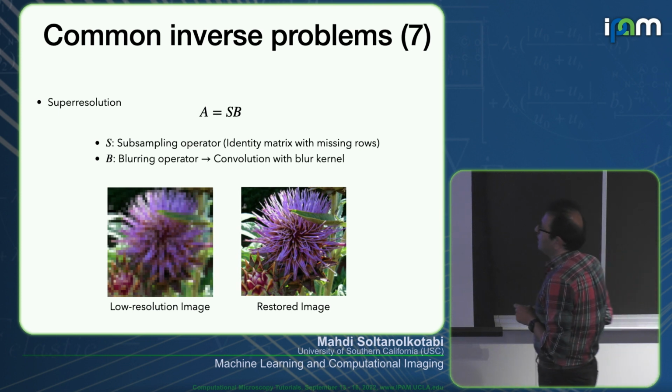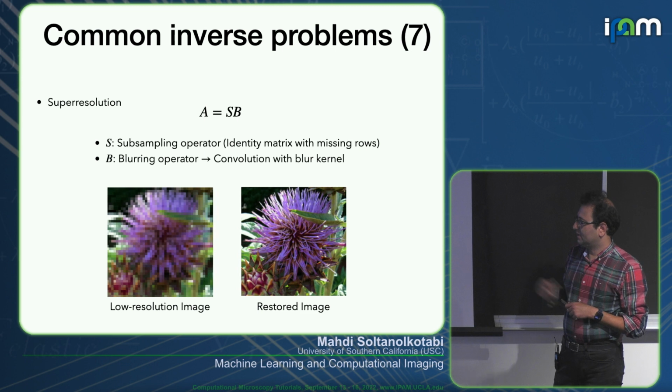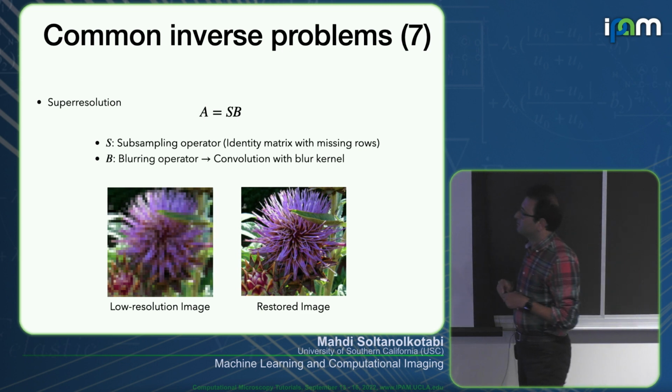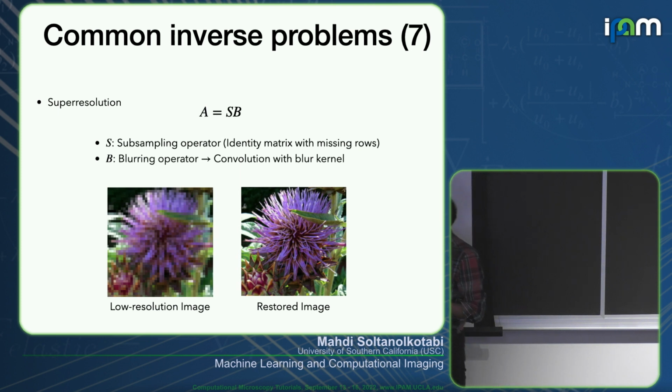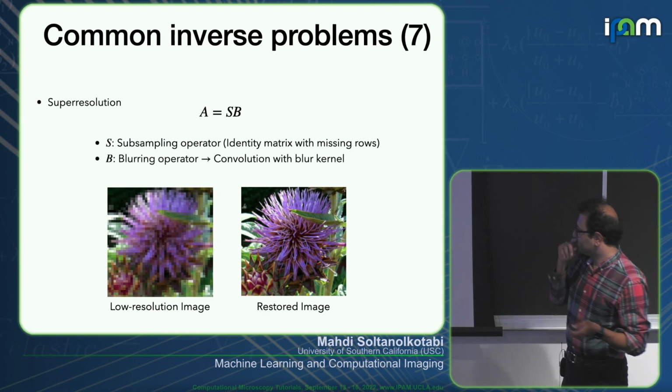Another class, I already mentioned, the White Obama controversy, was for this kind of super resolution problem, right? Where maybe you have a low resolution version of the image and you want to go to the high resolution version, right? This you can think of as a little bit of subsampling in some sort of alternative domain, for example, the Fourier domain.